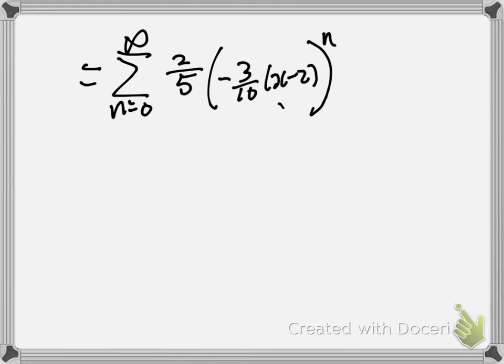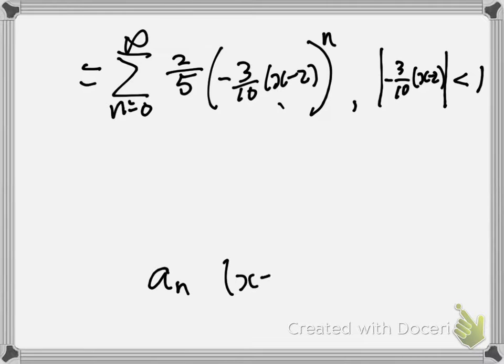All this will be true provided our absolute value of r is less than 1, and our r is actually negative 3/10 of x minus 2. So this is really our power series, but we have to beautify it so that it looks like a function of n here, and then x minus c, which is x minus 2 to the n, like this. And then on this side, it must look like this.